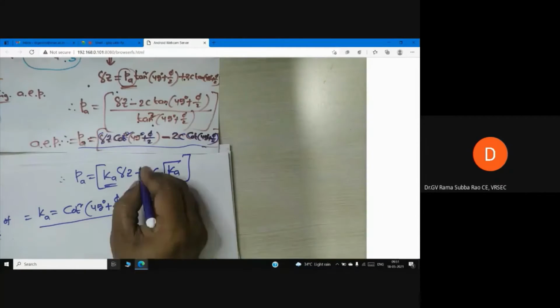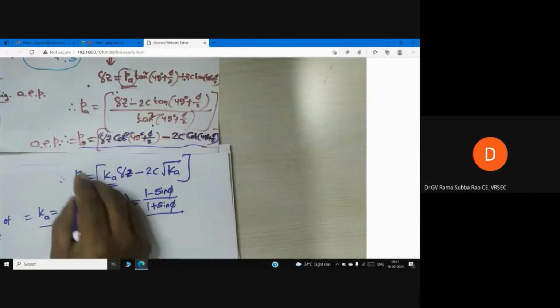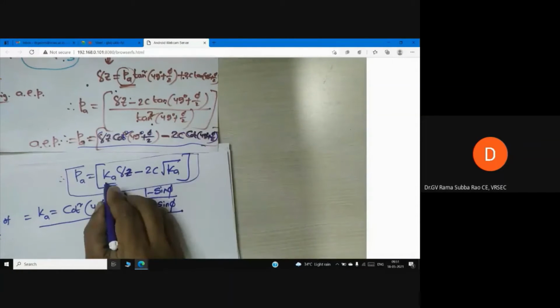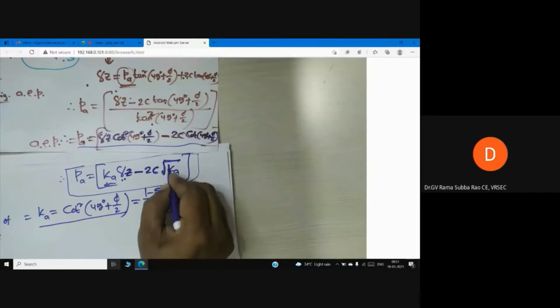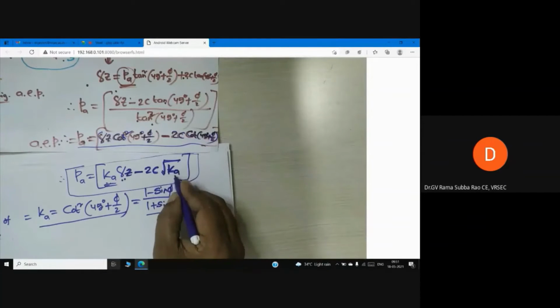Now you can see here, I have a very simple equation, Ka gamma z. I know it actually. But apart from Ka gamma z, I have minus 2c root Ka. Why am I writing root Ka? You know, root Ka is cot (45 plus phi/2). If Ka is cot square, root Ka will be cot.